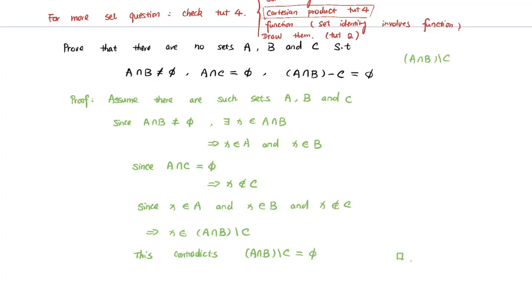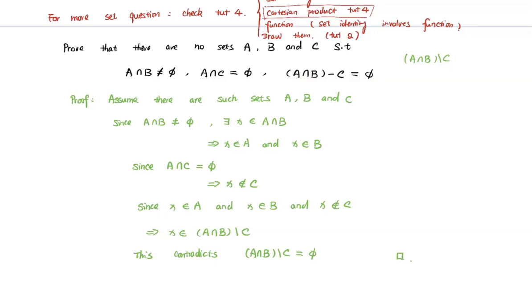Okay. So for contradiction, we assume that there are such sets A, B, C, such that A intersect B is non-empty, A intersect C is empty, and A intersect B minus C is empty.